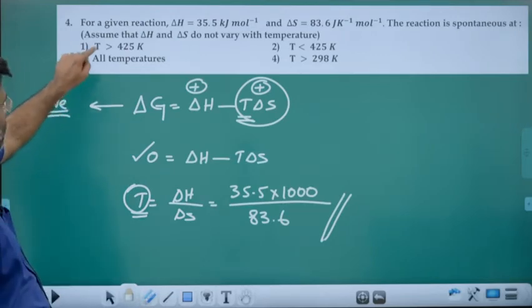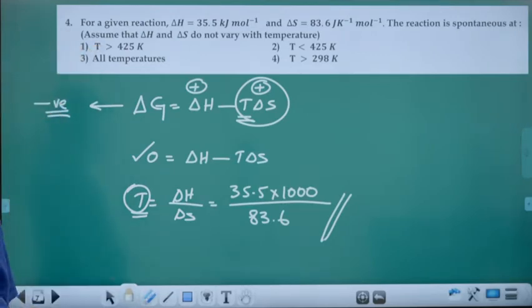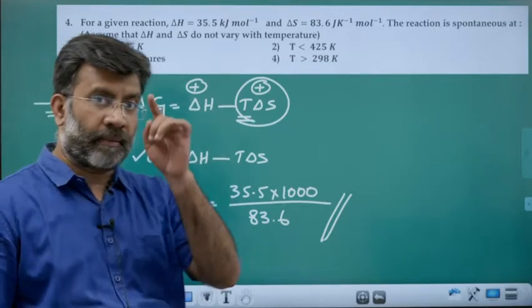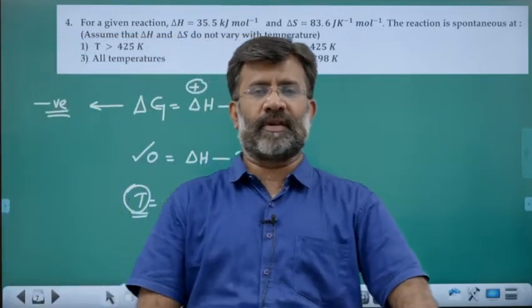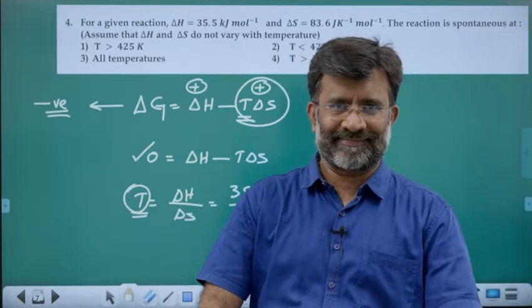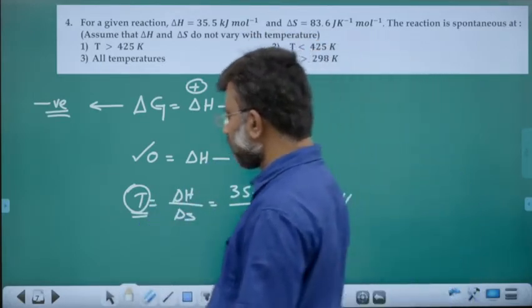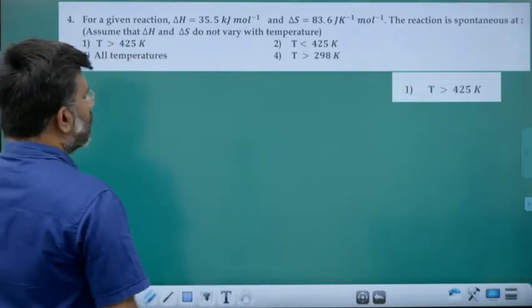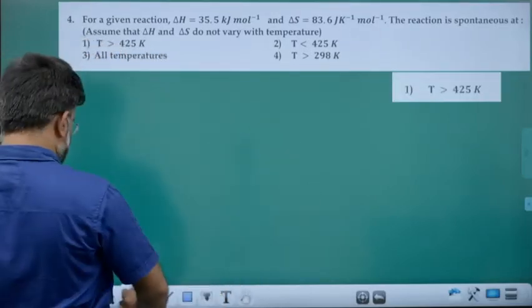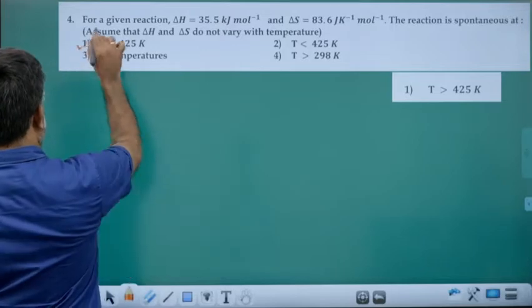And at a temperature above that, that is option 1, the reaction will be spontaneous. I think it is clear. So choice 1 is the correct answer.